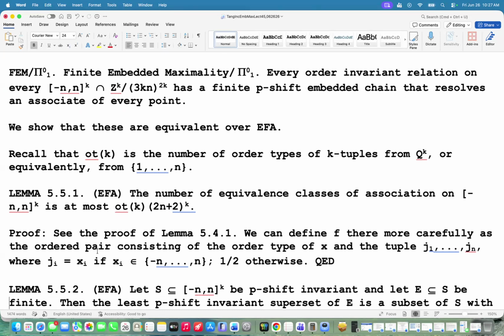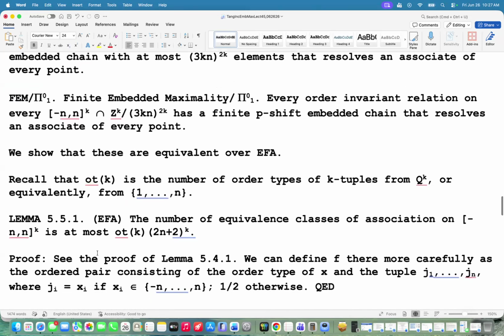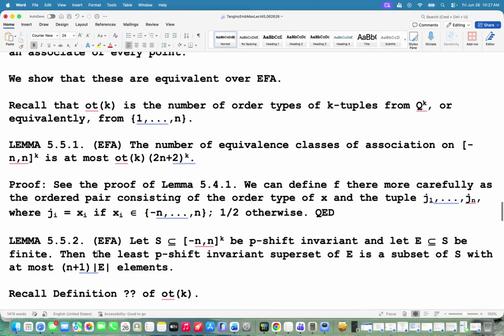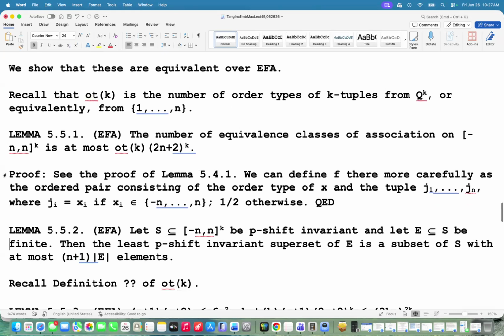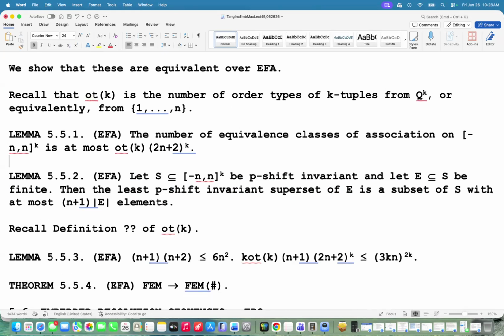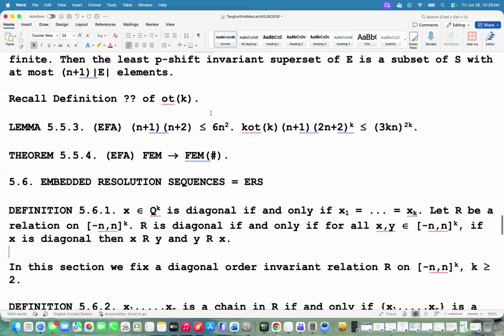So I didn't want to put proofs in here. There are some simple inequalities that are needed to do this.